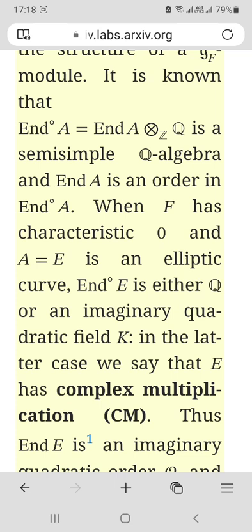What is the relationship between the endomorphism algebra and the endomorphism ring? The endomorphism ring is an order in the endomorphism algebra.